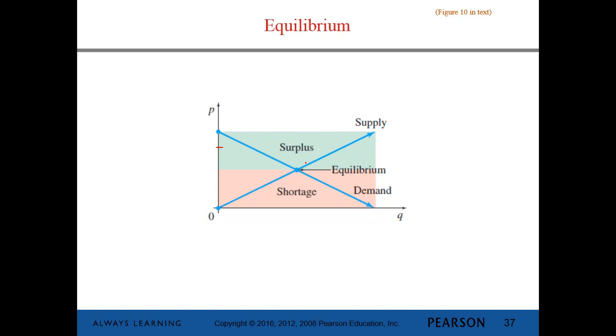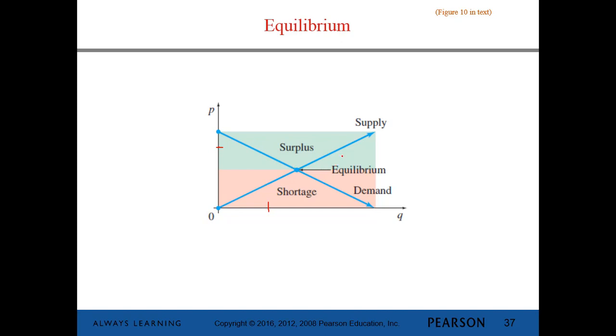So if we have our price up here, what's going to happen? What's the quantity going to be like? The quantity is going to be up here, which means we're going to have a surplus.